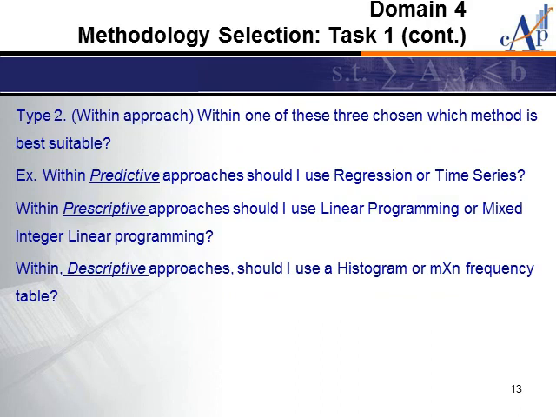Descriptive approach. Once again, within the descriptive approach, which one is the best here? Let's say a histogram versus a tabular approach, a 2 by 2, m by n frequency table. So which one should I use? Well, a histogram is maybe one dimension, one x variable, and I'm looking at frequencies of different classifications. Let's say I'm looking at gender. So I am looking at the frequency of male and the frequency of female, and I'm done.